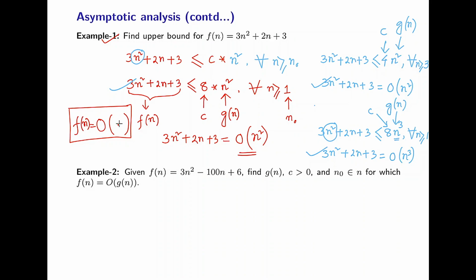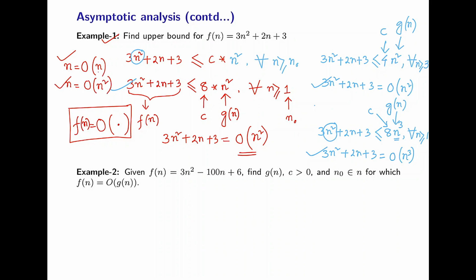I can write anything here that is equal to or greater than f(n). Now let's say, for example, if I say that n is equal to big O of n, is it correct? Yes, it is correct.